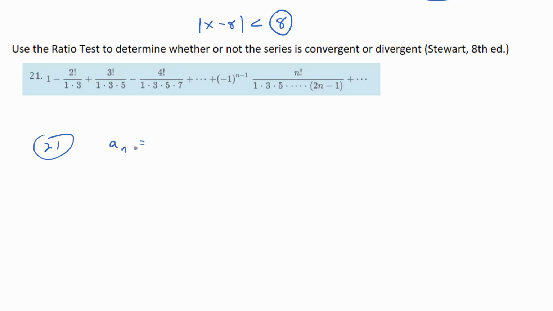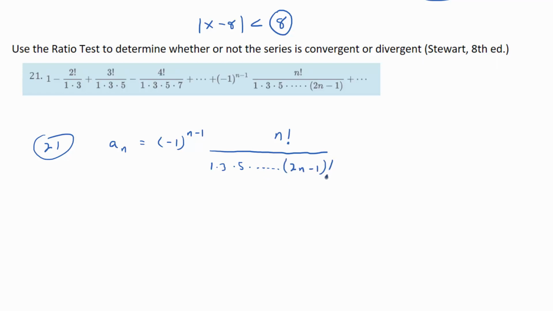The nth term is negative 1 to the n minus 1, times a fraction with n factorial on top and 1 times 3 times 5 times all the way to 2n minus 1 on the bottom.